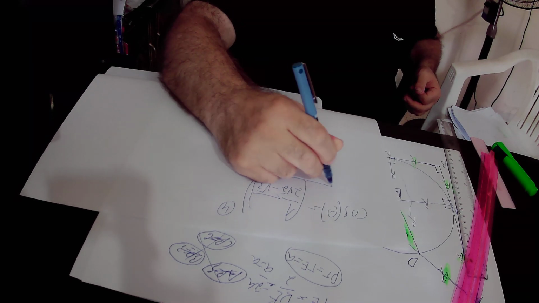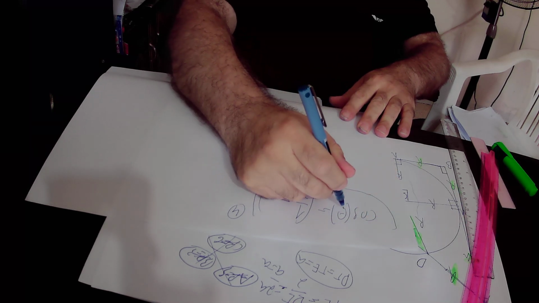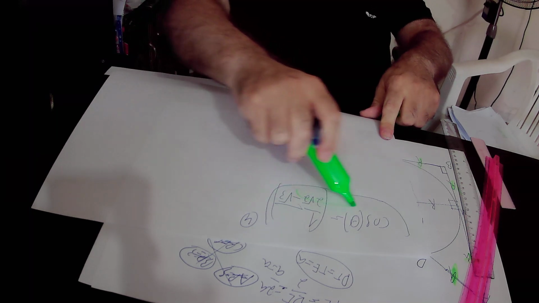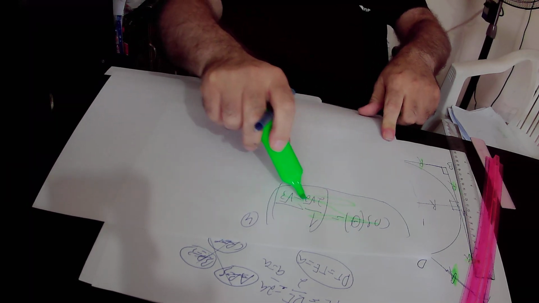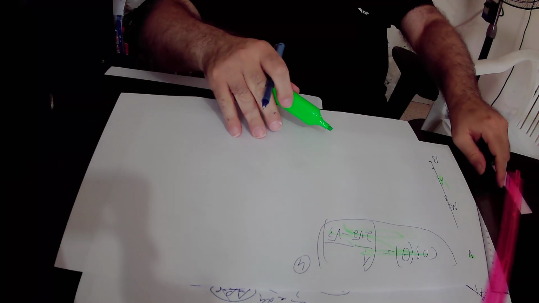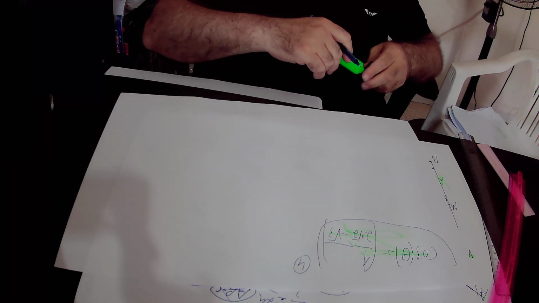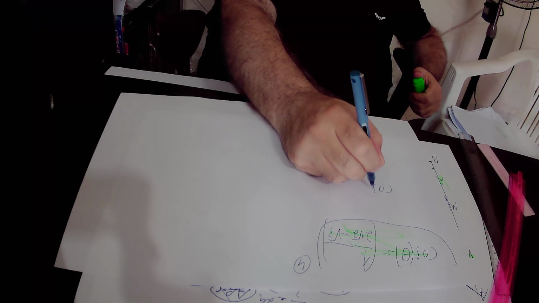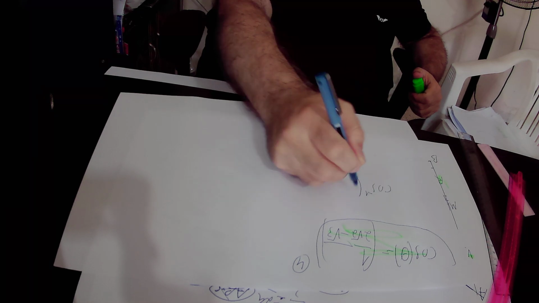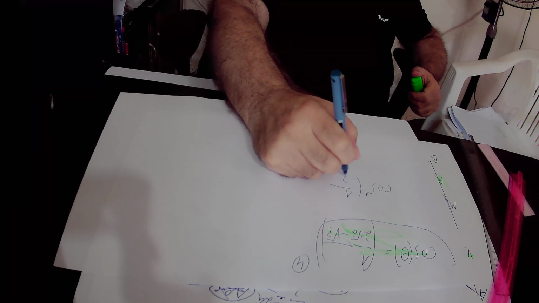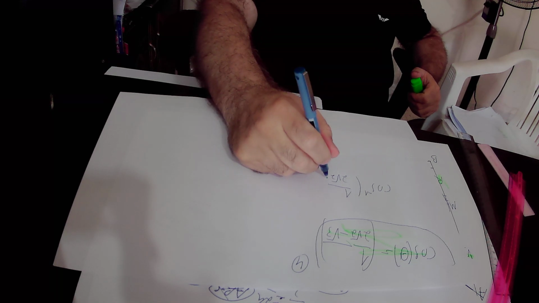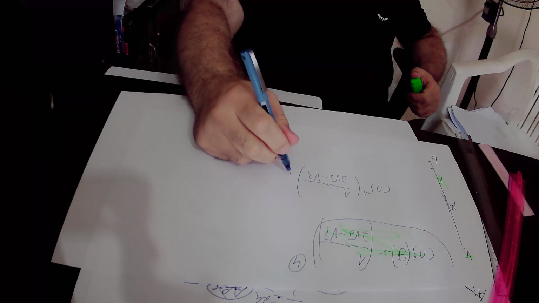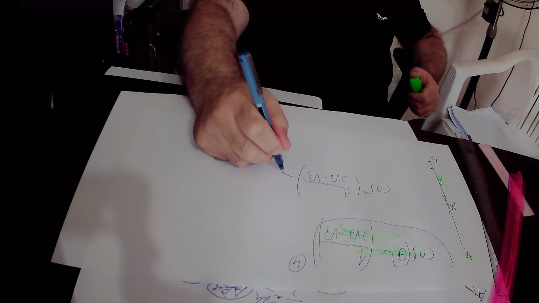Our mission is to find out the value of theta itself. In order to find out the value of theta itself, we will operate the opposite function of cosine, that is cosine minus 1, on the result. In this way we get the value of theta itself. So the opposite function of cosine is cosine minus 1. We will operate it on the result, that is 1 over (2 times square root of 2 minus square root of 3), and it is equal to theta.